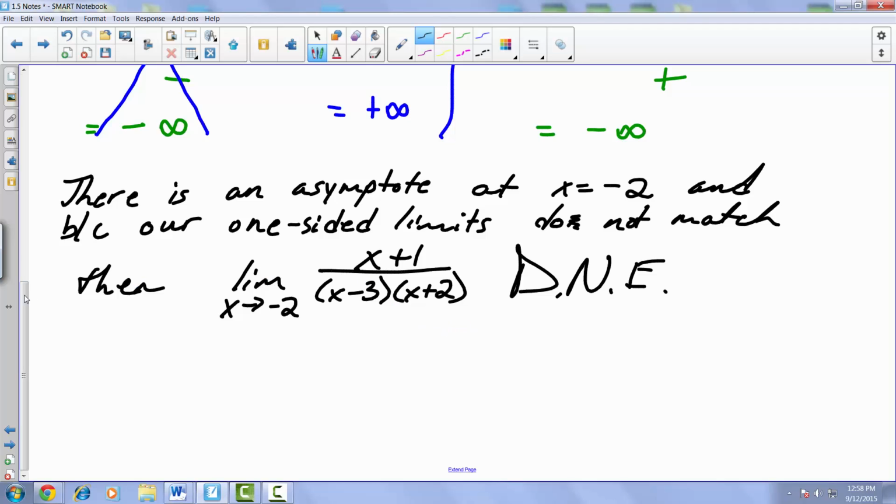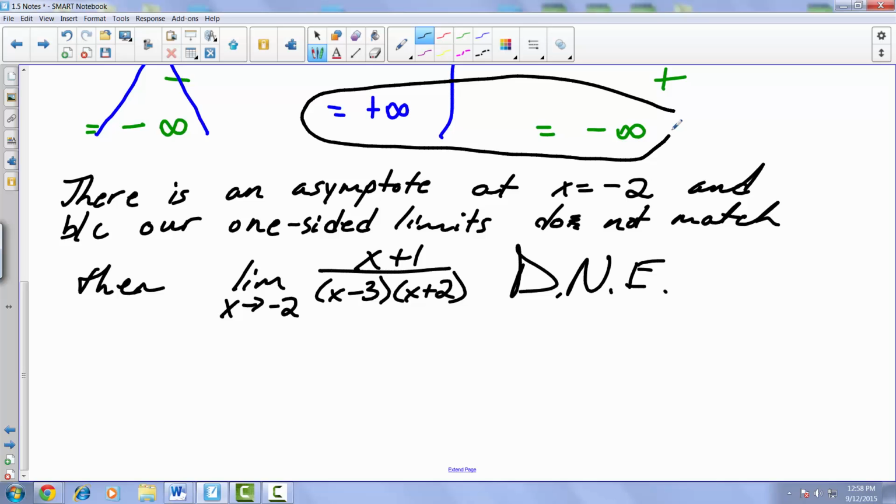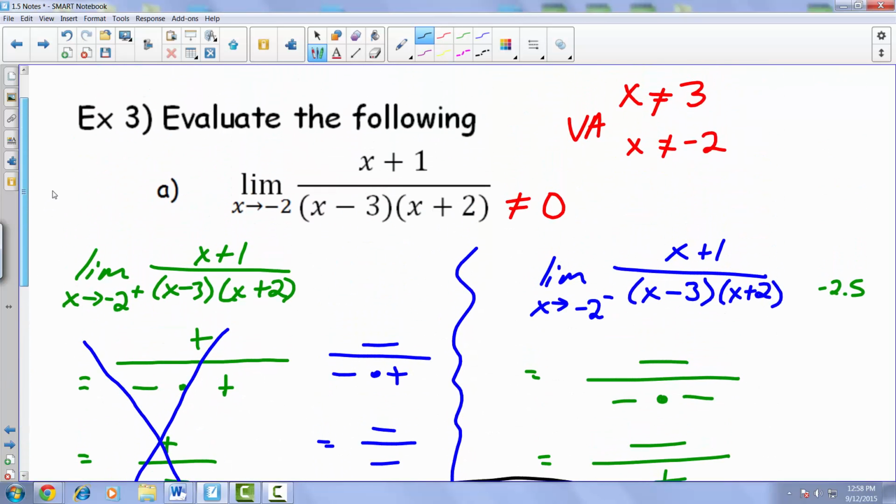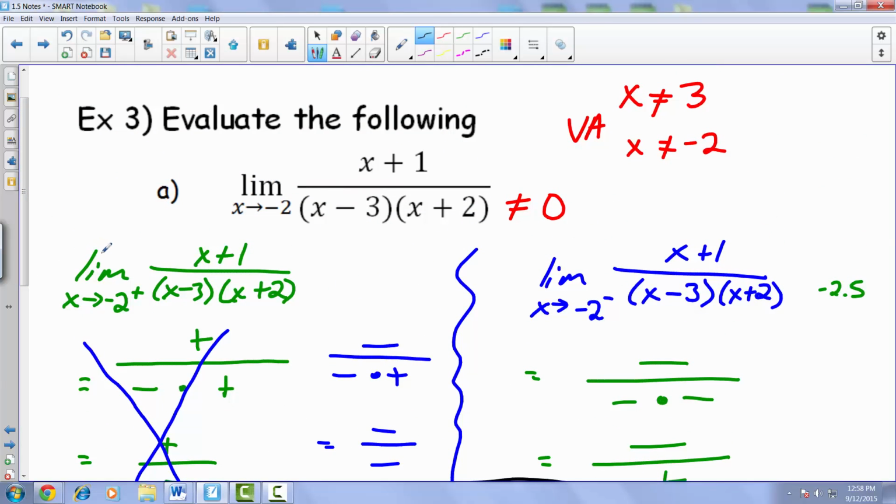And again, just because they ended up going to two different places. So that is example 3a from our 1.5 set of notes.